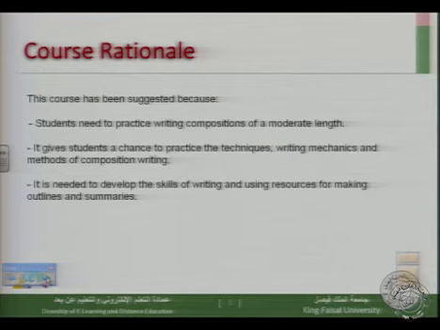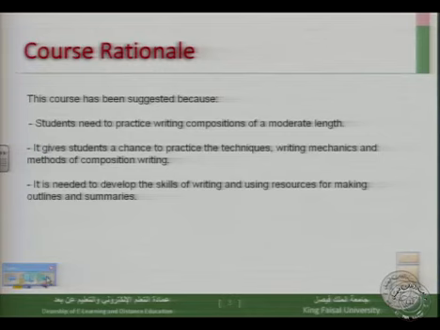composition writing. We mention from the techniques writing the topic sentence and writing the thesis statement, for example. And from the writing mechanics, we can speak about capitalization and punctuation, and the methods, for example, outlining before writing your composition.